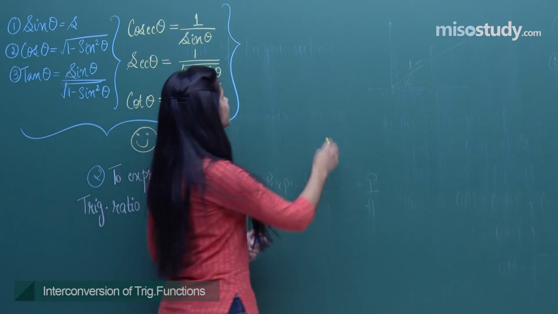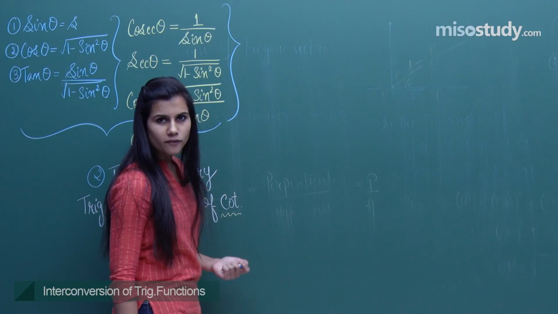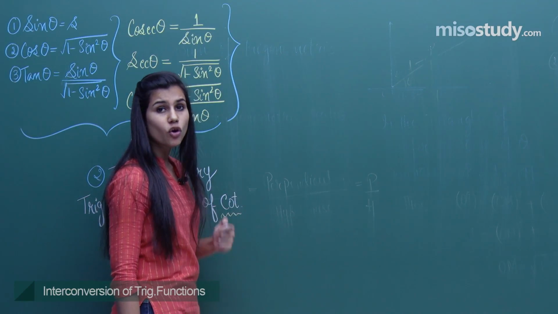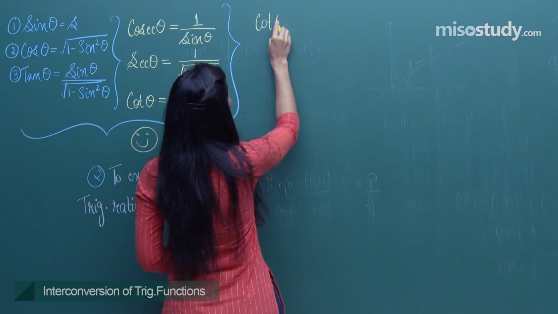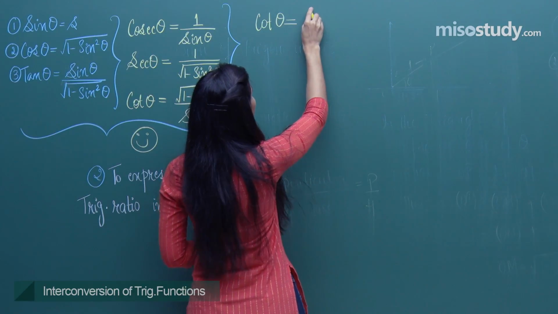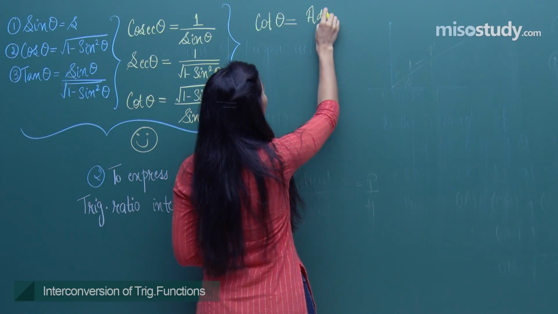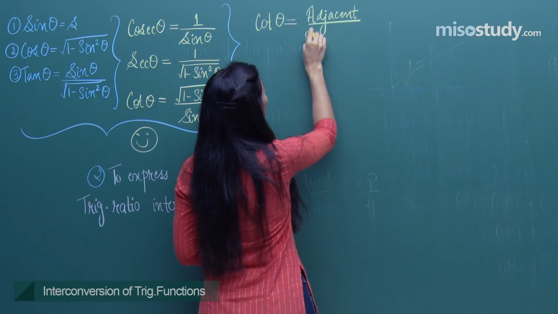Let's begin with that. For that again, what you require is the meaning of the cotangent ratio. Well, cot of theta is nothing but adjacent upon the opposite.